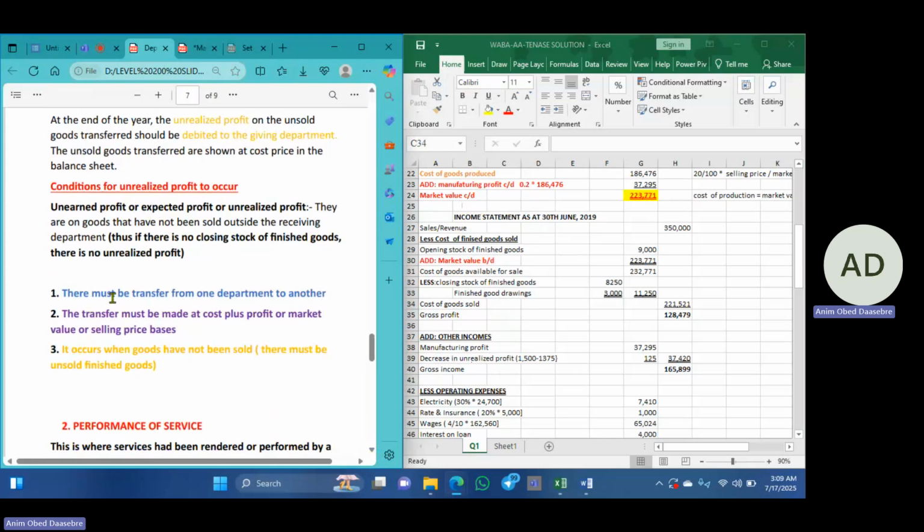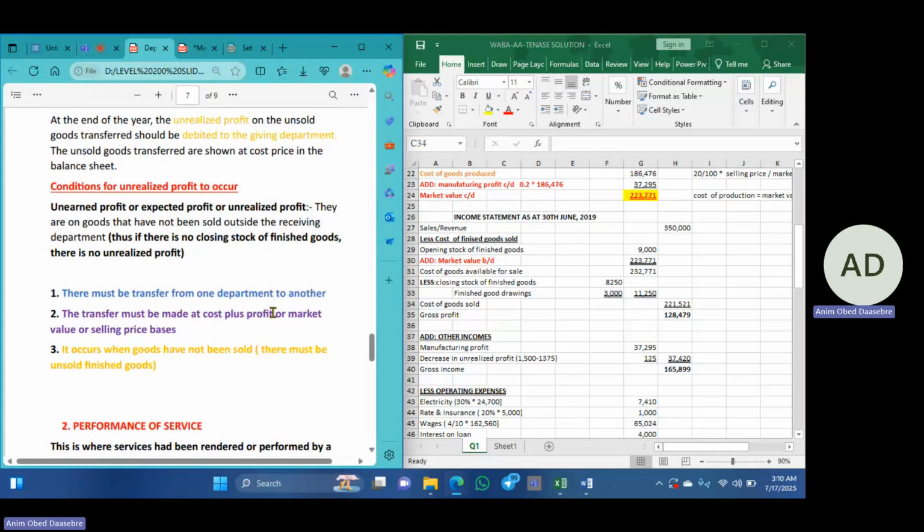And one is that there must be a transfer from one department to another. The question will tell you that you need to transfer the component at a certain price. The transfer must be at cost price plus profits, or market value or selling price.